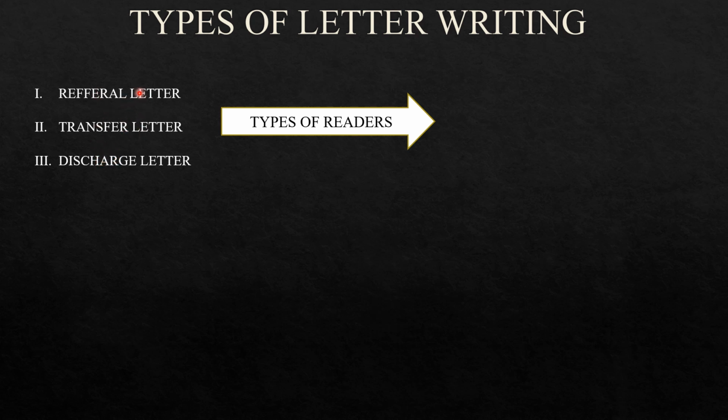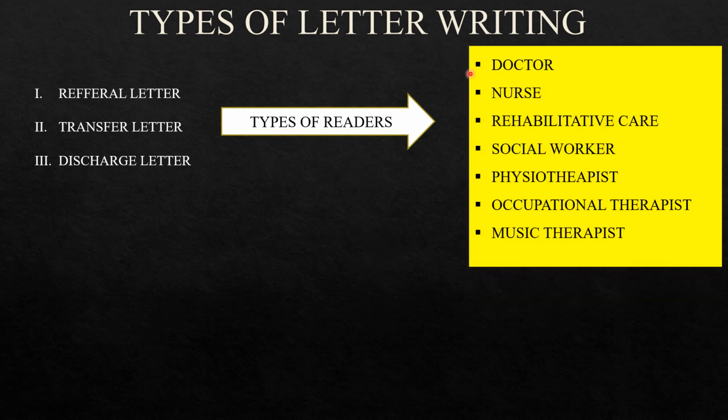And when you are writing these three, first, as I said earlier, consider the types of reader. What are the types of reader? First is a doctor. I'm mentioning these because they commonly come up in the exam. If the type of reader is a doctor, the title will be mentioned, or else it could be a GP, a general practitioner.